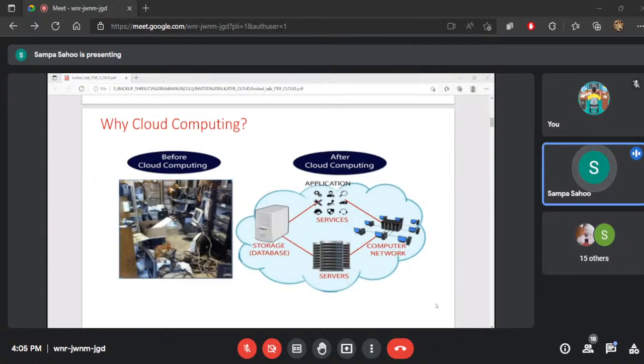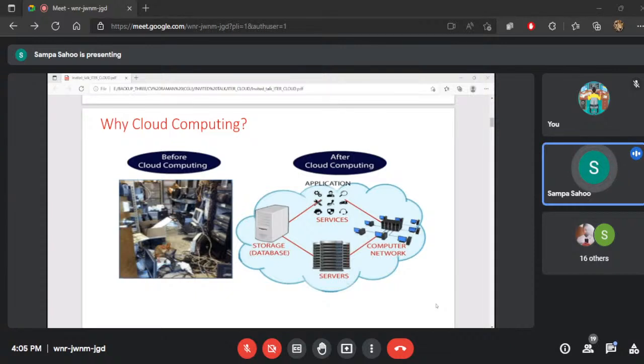So why we need cloud computing? From the diagram, you can see that before cloud computing, the organization had server rooms where all the different types of servers like database server, email server, or any other servers would be there, and a lot of wiring and networking is required to maintain those servers.